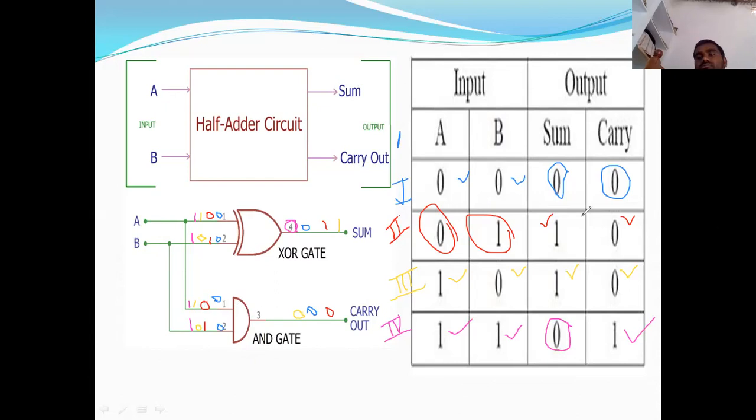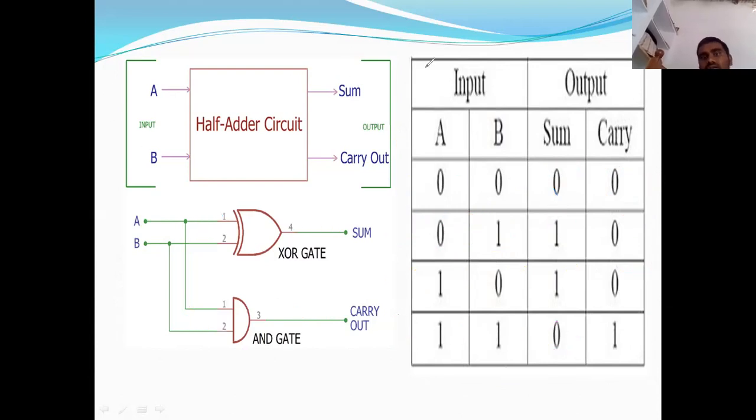In normal cases, 0 plus 0 is 0 only. So it's correct. 0 plus 1 is 1 only. 1 plus 0 is 1 only. And 1 plus 1, we have the sum is 0 and carry is 1. In the other three cases, the carry is 0. So the truth table shows the correct results.